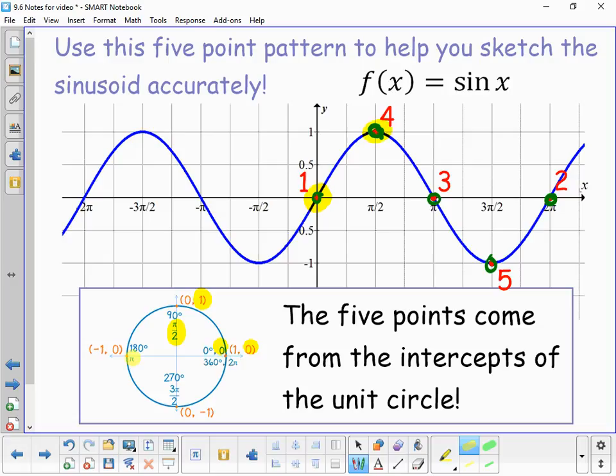Over here, this intercept is an angle of pi and a sine of 0. Pi, 0 is right here. 3 pi over 2 is our next intercept. It's a y-intercept, and the sine value is -1, so it's down here. And then we're back to 2 pi and a value of 0. So that's where those 5 points come from in our pattern.